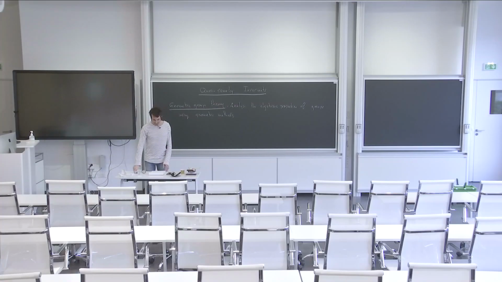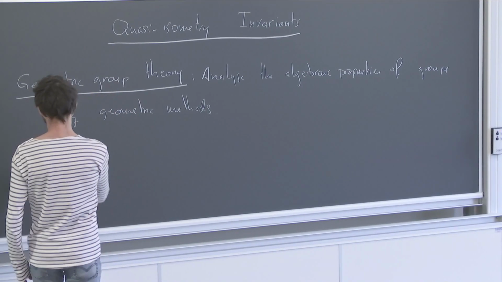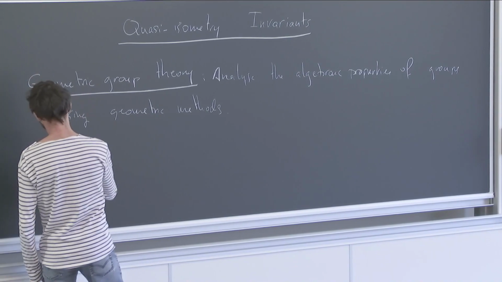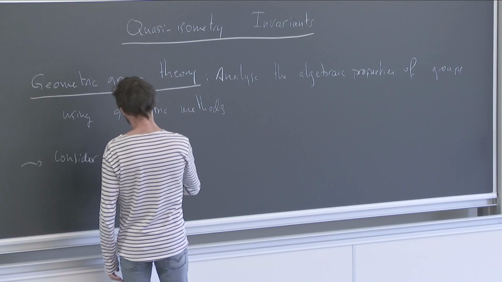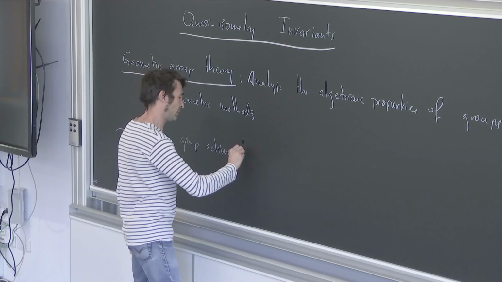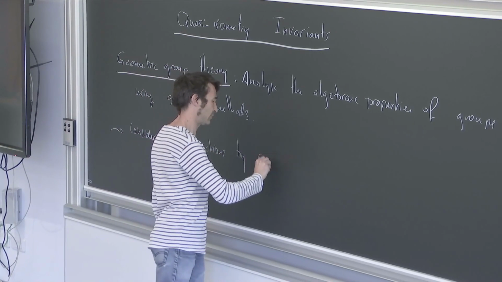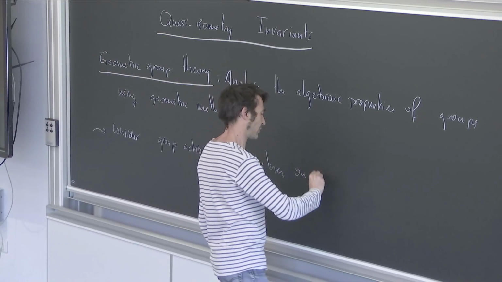Okay? And so typically, how do we do that? Well, we consider group actions by isometries on metric spaces.